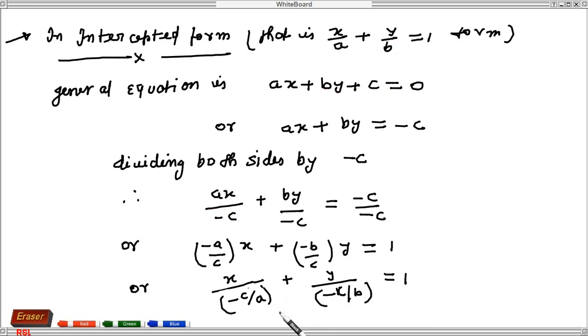That is your choice. Here I change it to capital A and capital B.